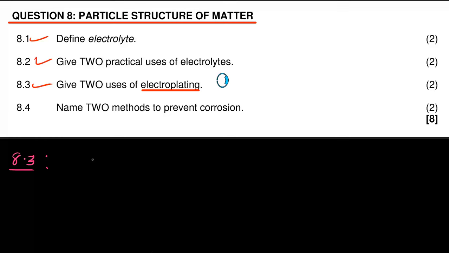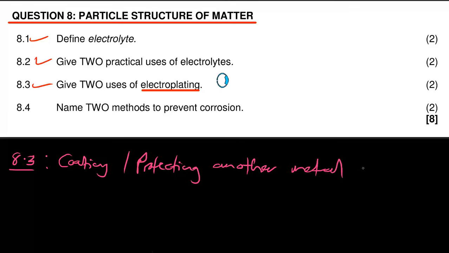The first one, you find electroplating being used in coating or protecting another metal from corrosion or rusting.